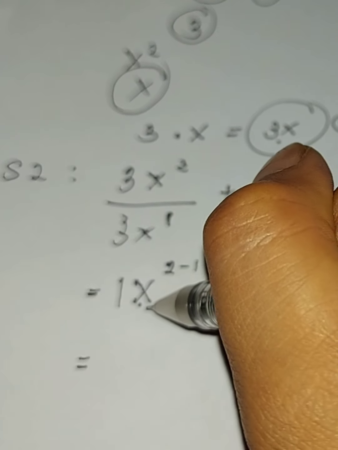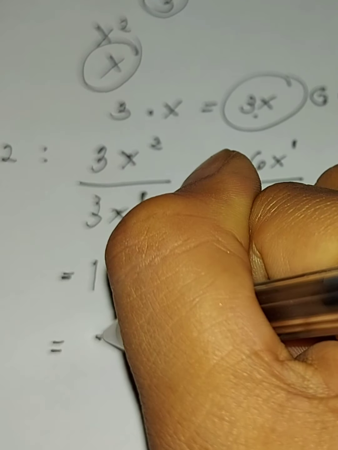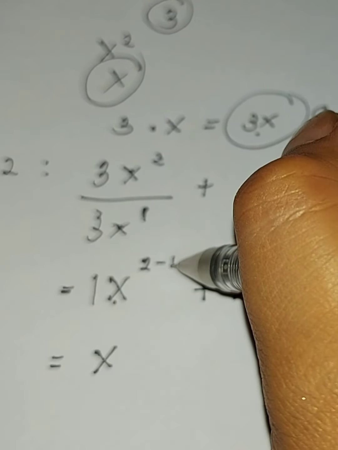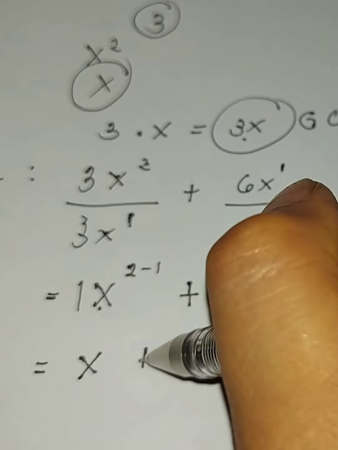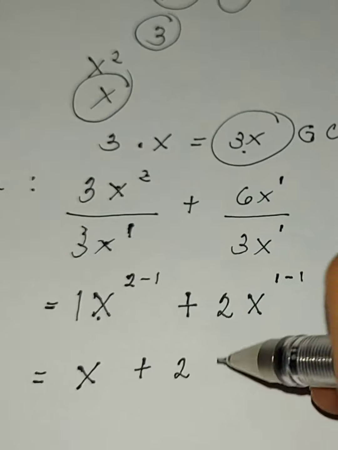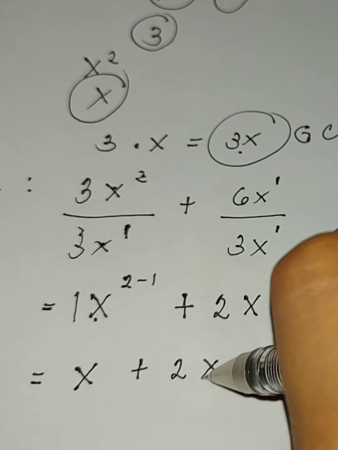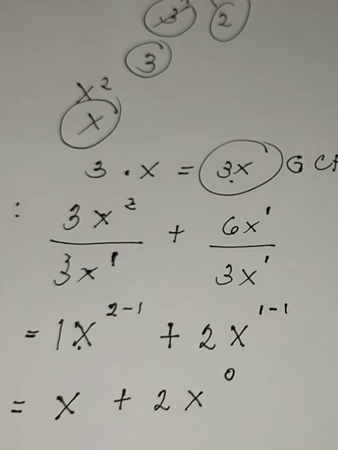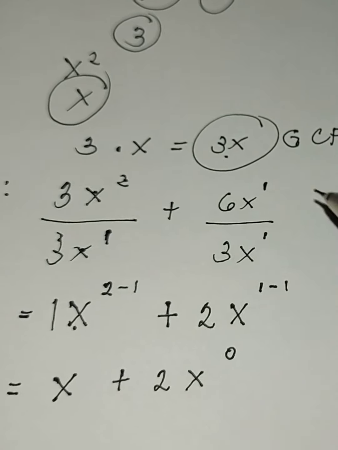So, proceed to the variable or the literal coefficient. So that would be x, 2 minus 1 is 1, so no need to write 1 in the exponent, plus 2, x raised to 1 minus 1 is 0, x raised to 0. Any number or variable raised to 0 is just equal to 1.